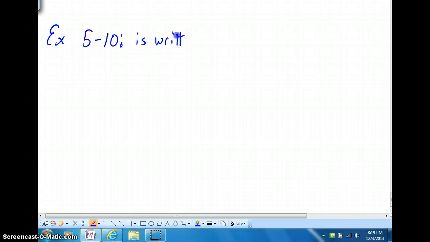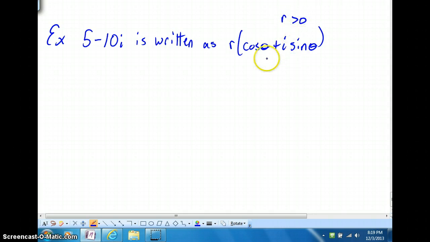So it's going to be written as r cosine of theta plus i sine of theta. We could call this cis notation as well. r is greater than 0 here. They want us to find what r in this situation times the tangent of theta would equal. So this is a real contest question going back a number of years ago.